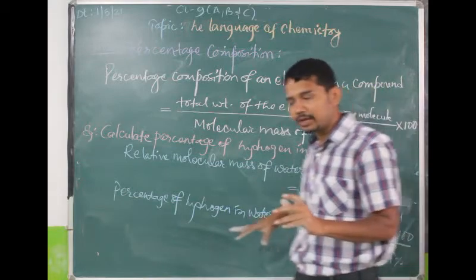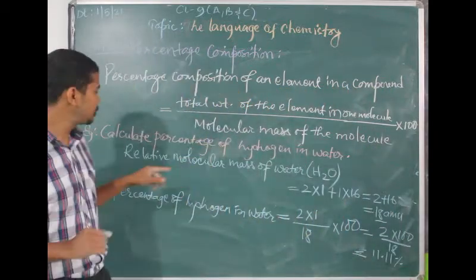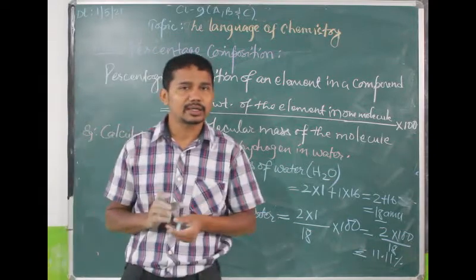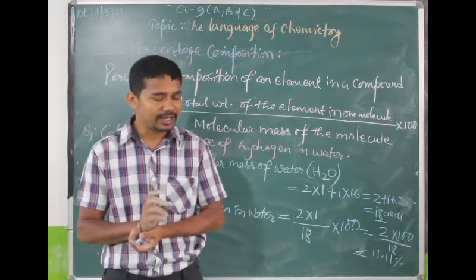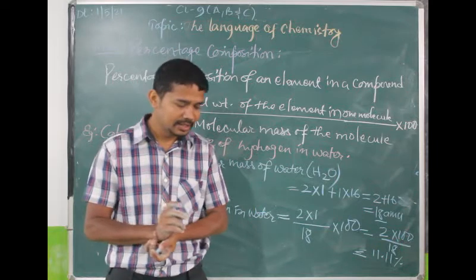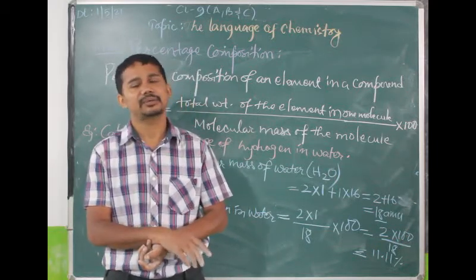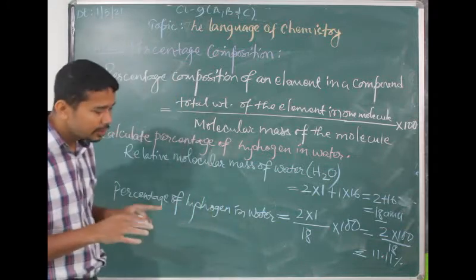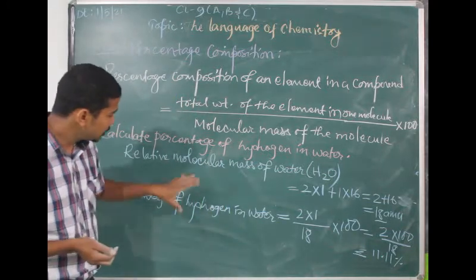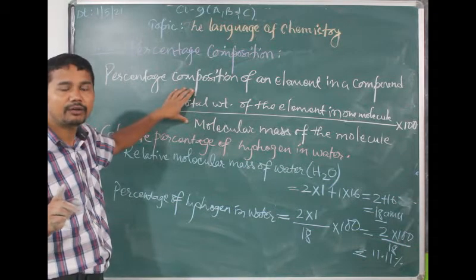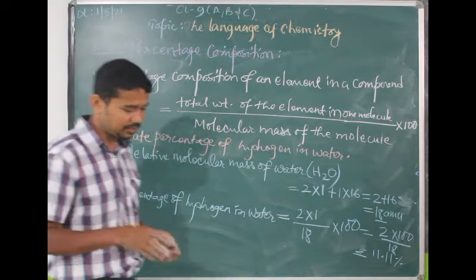This way also you can do it, considering, for example, 100 gram of water contains 2 by 18 into 100 gram of hydrogen, that is 11.1111. So don't get confused. Use this formula for finding the percentage of an element in a compound.